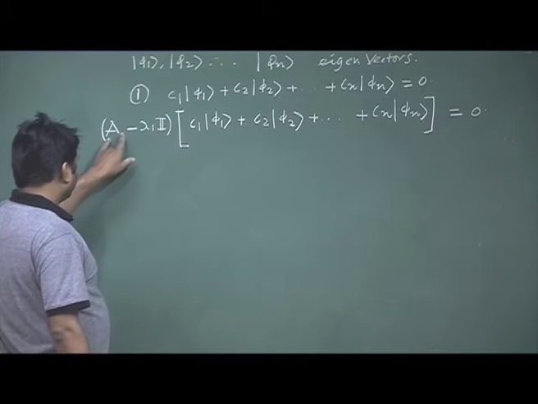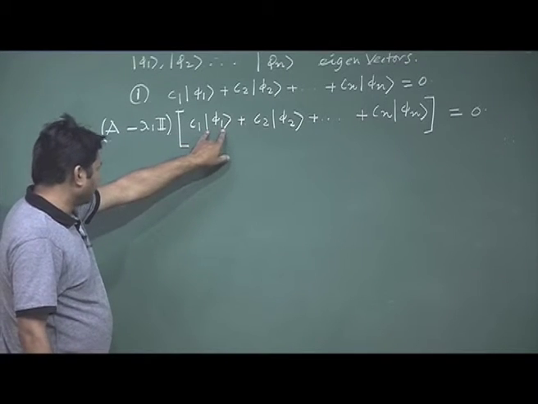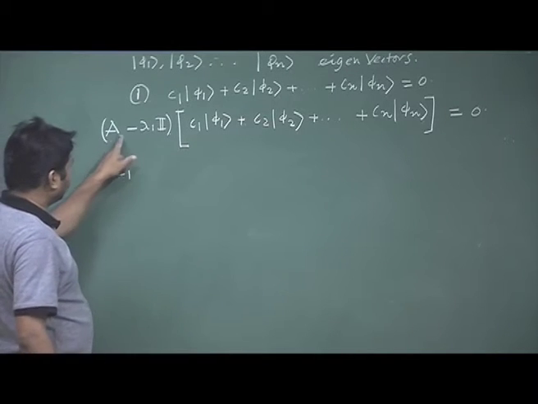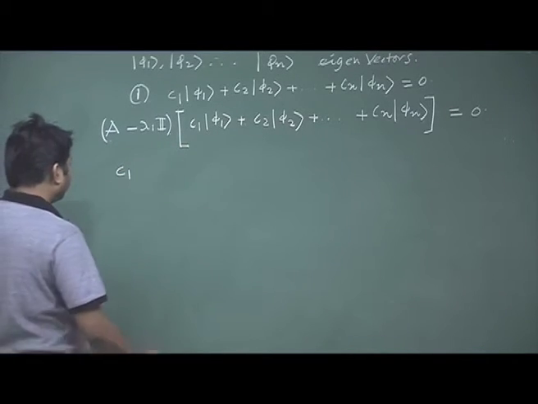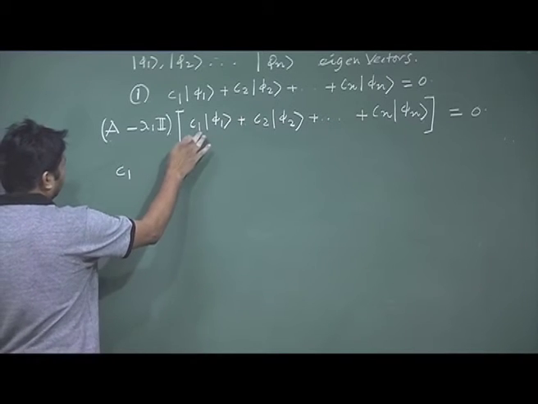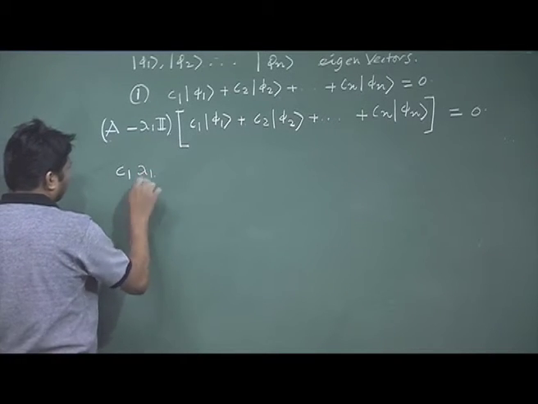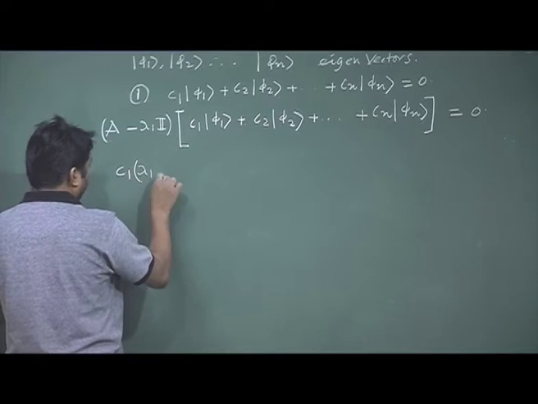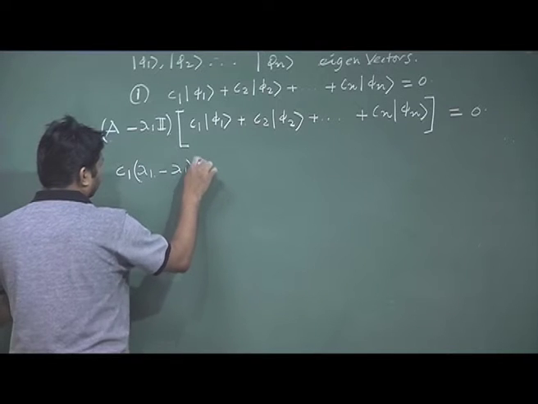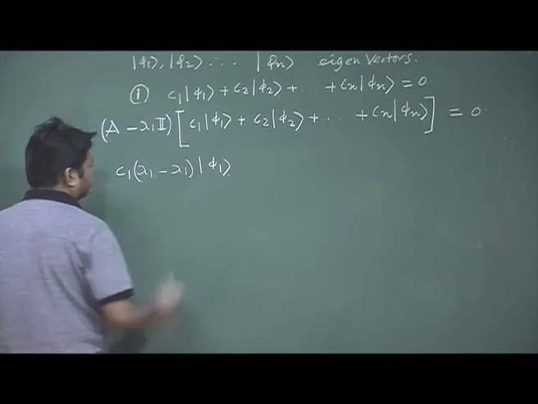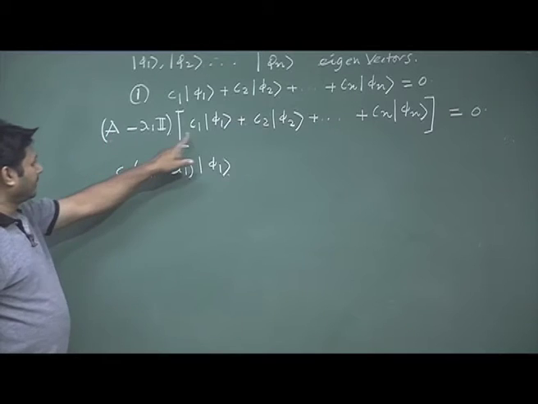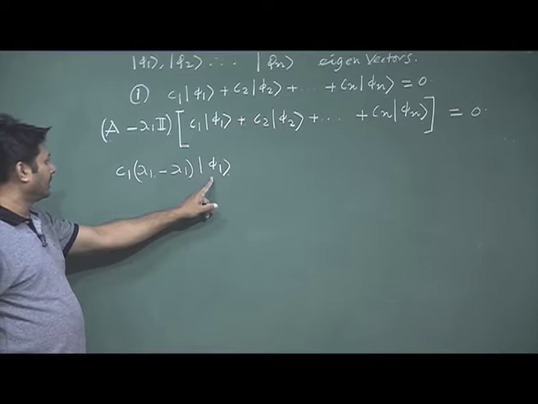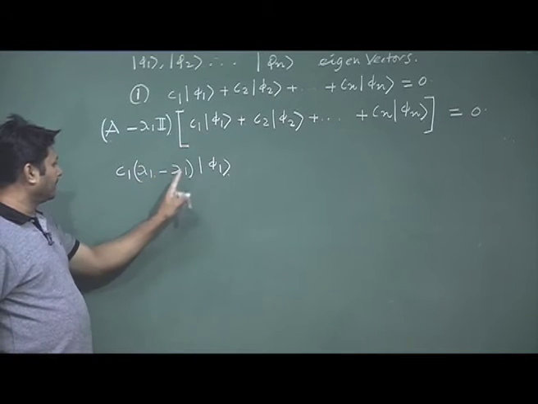When I operate A over that, what value will I have? First I operate this over C1 phi 1. So the first thing I have is C1 (lambda 1 minus lambda 1) phi 1, because A phi 1 is lambda 1 phi 1 and lambda 1 I phi 1 is lambda 1 phi 1.